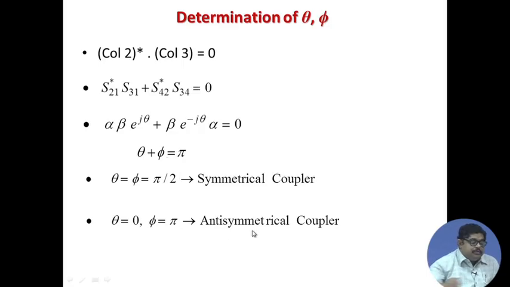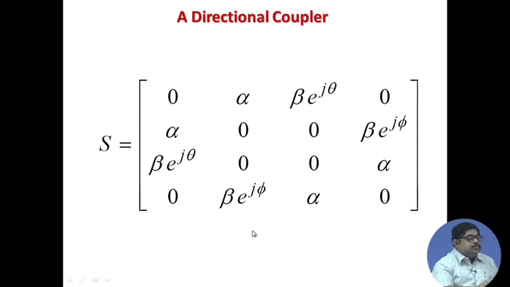Okay. So, this becomes a directional coupler. You see that whatever we have said, a directional coupler should have this scattering matrix, with 4 unknowns alpha, beta, theta, phi.